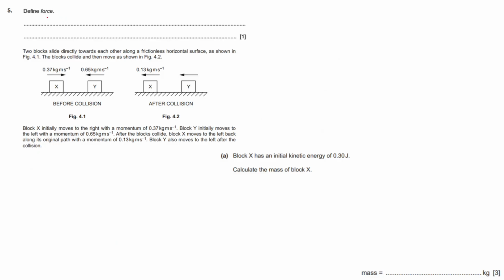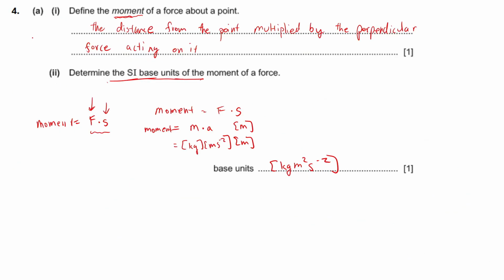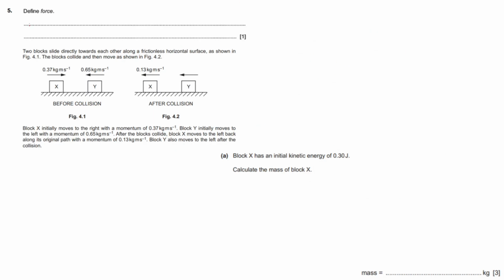Alright, so number 5, it's another definition problem that is similar to the first problem that we did here, defining the moment. So you can cheese this question, just write the formula, but be a little bit more detailed. So the mass of an object multiplied by the acceleration of the object, basically.